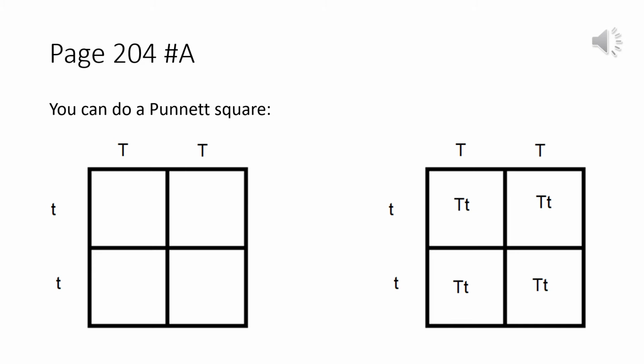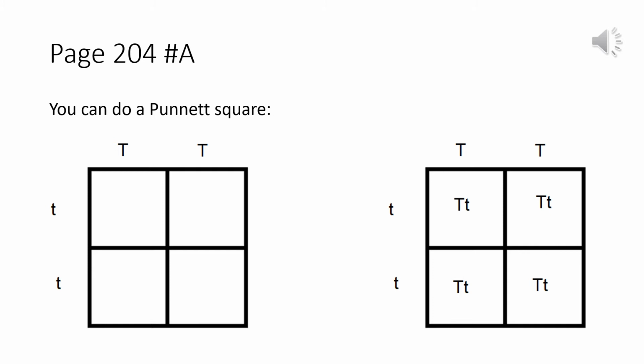You can do a Punnett Square from question A. You would put the gametes from the first parent on the top and the gametes from the second parent down the side. Look at the left-hand square. We've got the big T on the top, and the little t on the side. What you officially do is bring the big T's down and the little t's across, or kind of meet in the middle.